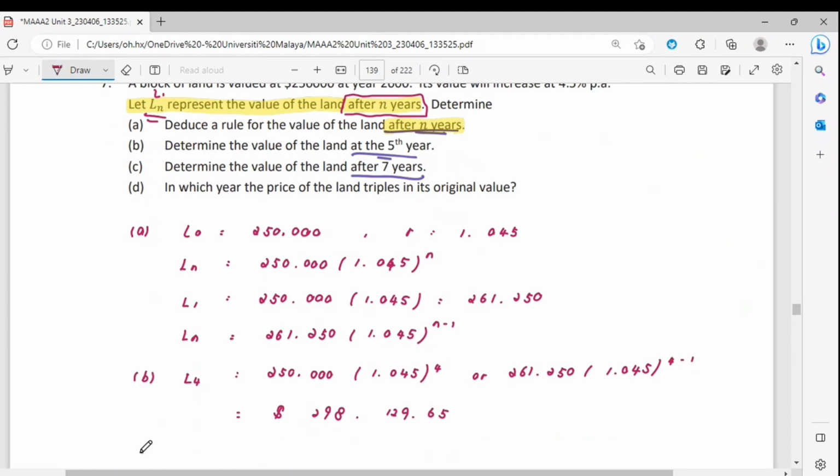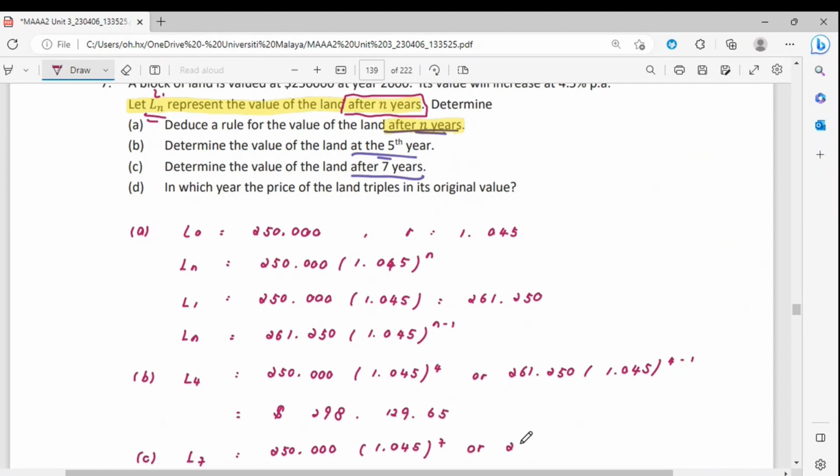Okay, then after that, C. So determine the value of the length after 7 years. You can see that your ln here represents the value of the length after n year. So if you want to find after 7 years, your n is just 7, right? So that's why L7 equal to 250,000 times 1.045, then you substitute 7.